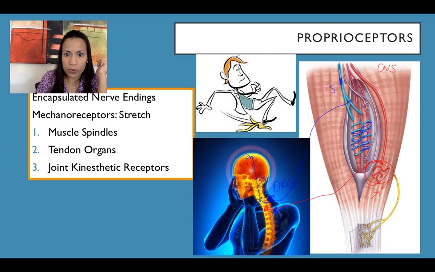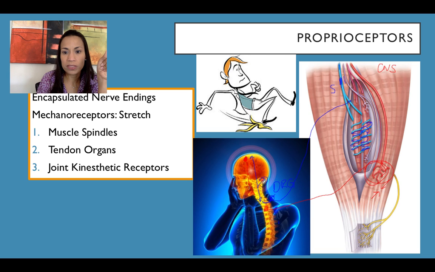Now, the motor command can also be issued, if that sensory information reaches our cortex and we are conscious about it, from higher levels, in the premotor cortex in the frontal lobe of the cerebrum.